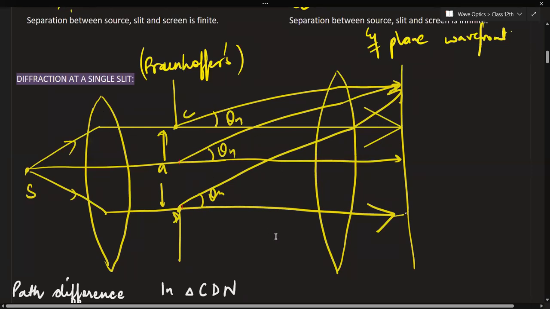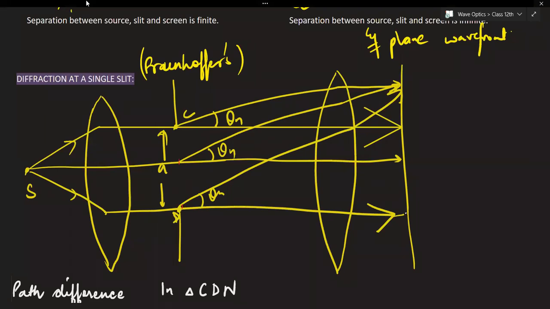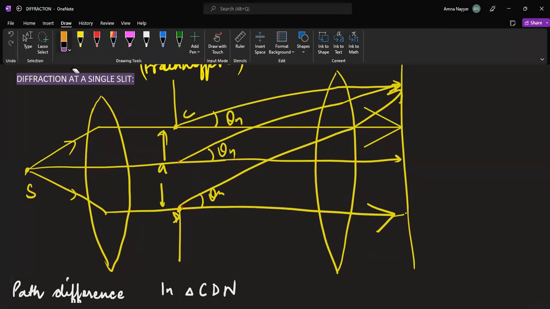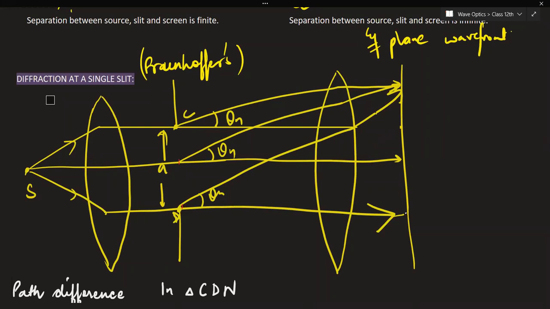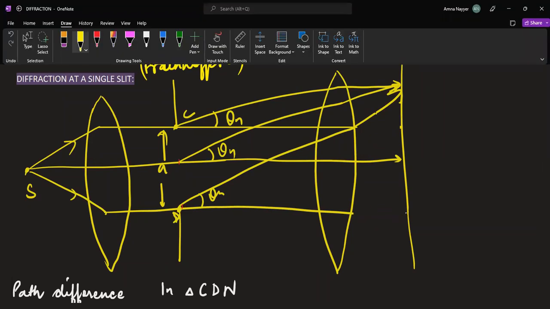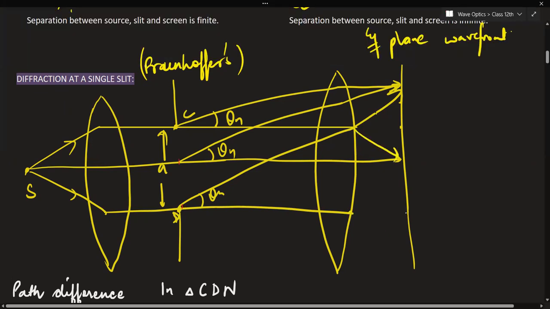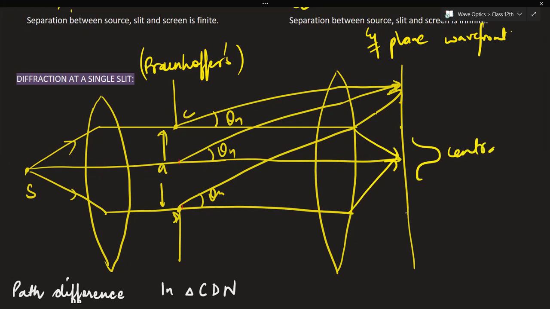So all the rays will converge at this point, and these will also converge because a lens is kept. We have kept another lens so that these rays also converge. When they converge, here you will get a central maximum, the central bright fringe.